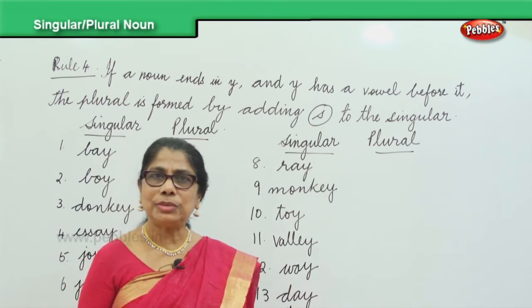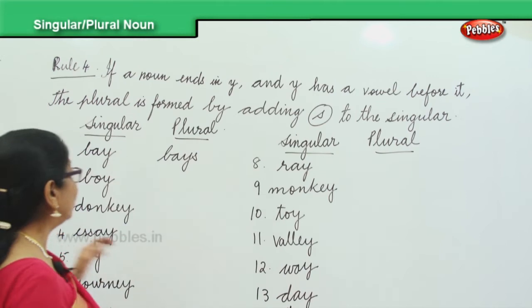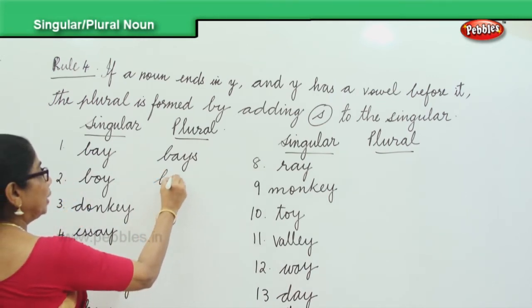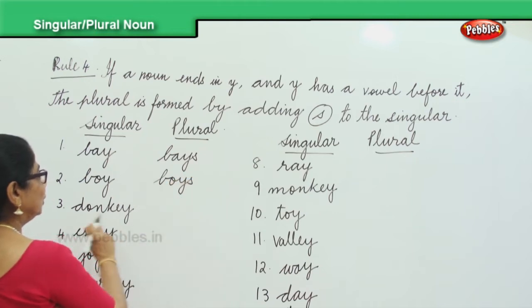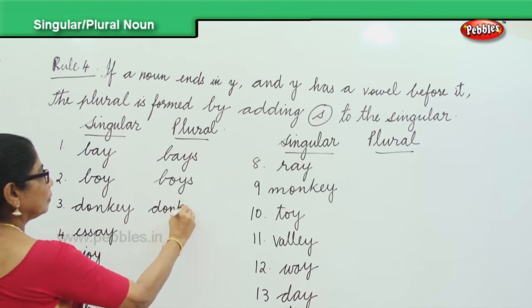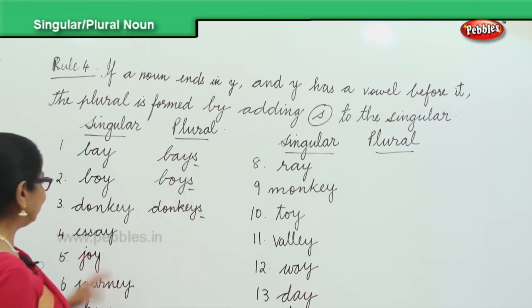And therefore, you simply add an S and we get the plural noun. The first one is done for you. Bays, boy, boys, donkey, donkeys. You are simply adding an S.